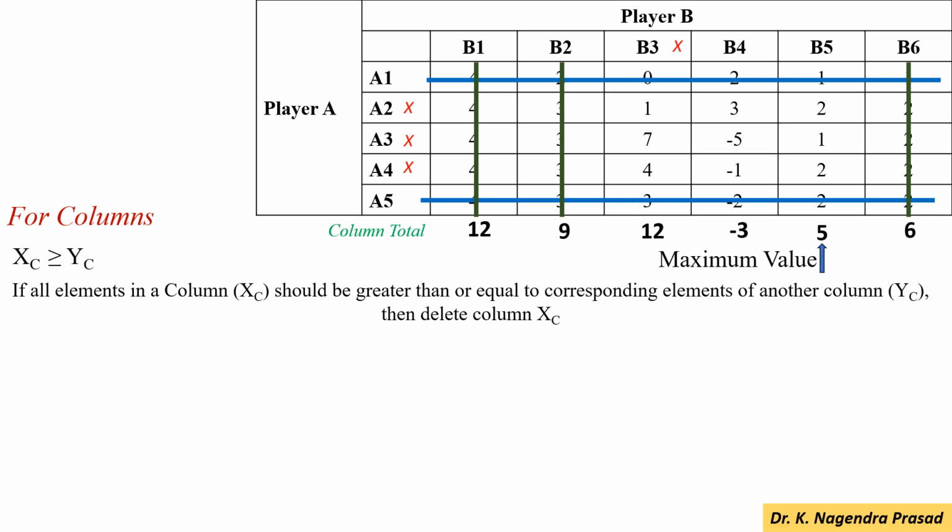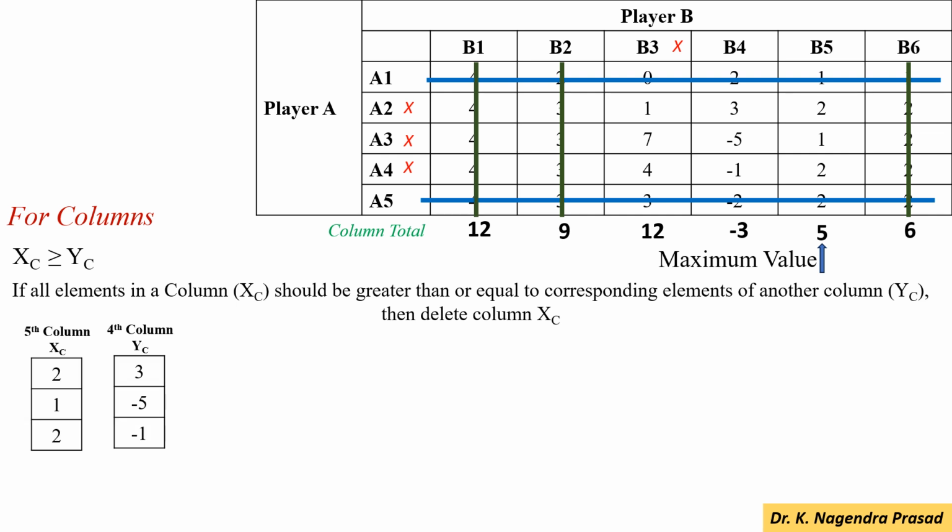Next apply the dominance rule for the fourth column and the fifth column. First apply the dominance rule for the fifth column and compare the fifth column elements with the fourth column as well as the third column. So first we have to compare the fifth column elements with the fourth column elements. That is 2 is not equal to the 3 and moreover 2 is not greater than the 3. So here dominance rule is not satisfying.